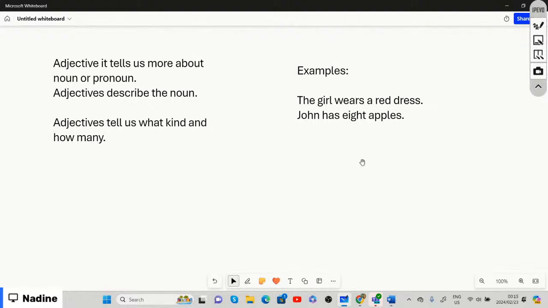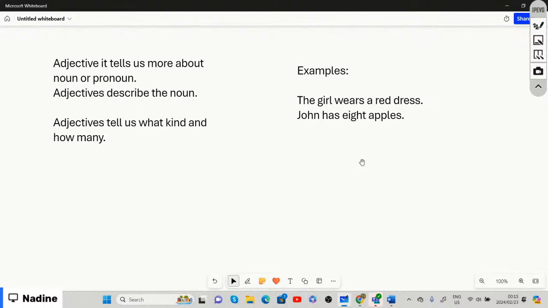Words that describe something are basically adjectives. Something can be described by color, height, weight, or literally anything. If you are sitting in front of your laptop, you can say I'm sitting in front of my black laptop, my small laptop, or my big laptop.